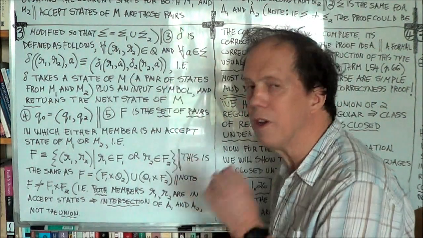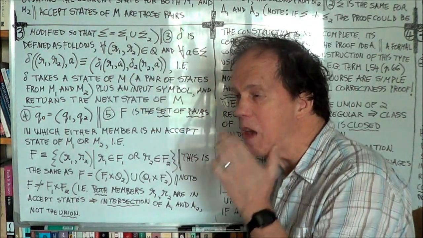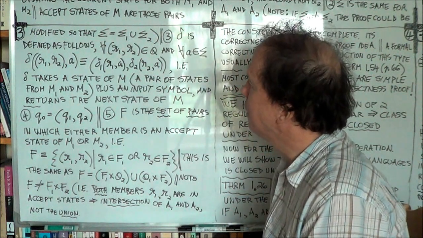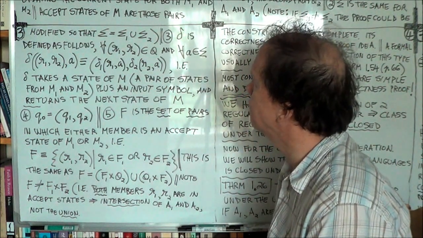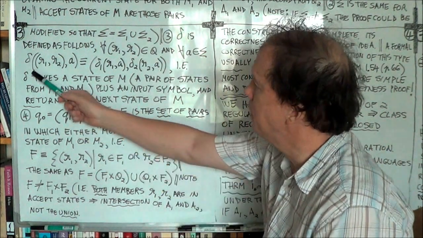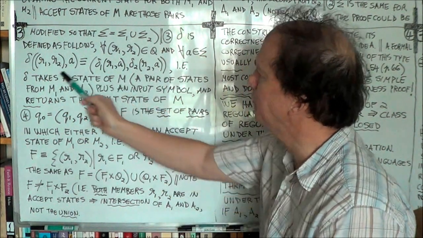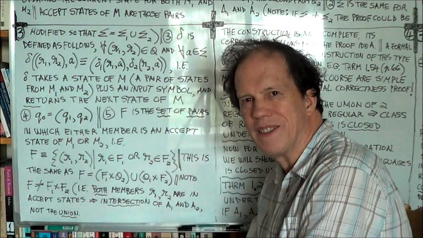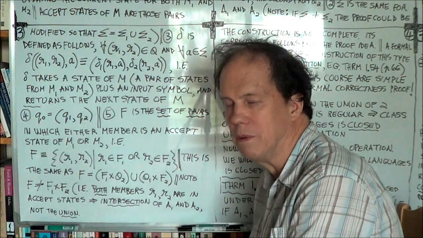So, to find the delta for big M, the transition function. Here it is. This line here is the core, the very heart of the proof, in my view.